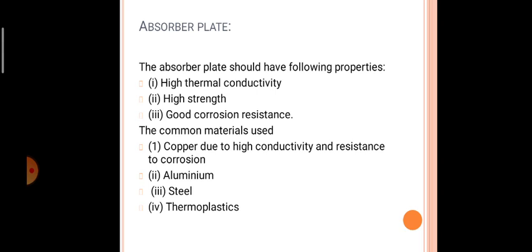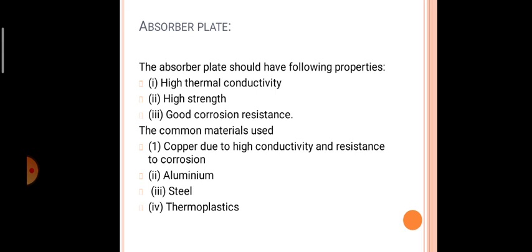Thus, the absorber plate should be selected in such a way that it has high thermal conductivity. That means it must be able to absorb the maximum amount of solar energy falling onto the absorber plate, and convert it into heat energy.